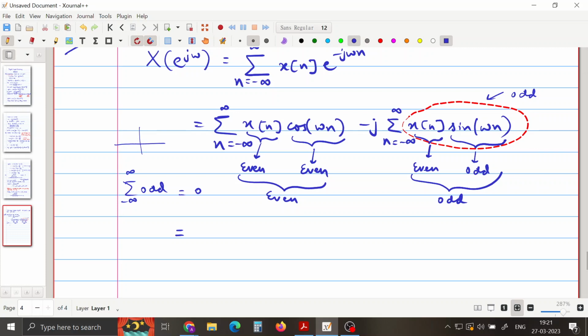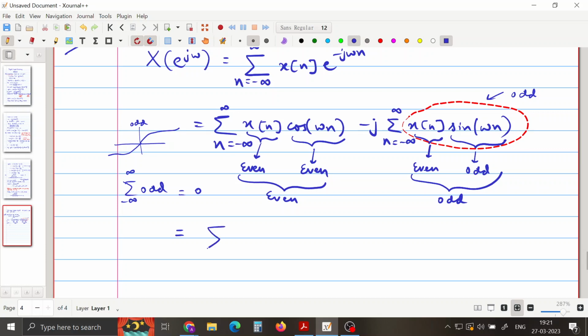If on the positive side it is of this form, on the negative side it will be exactly equal and opposite, so it will cancel out. So that's why this second term, being summed over minus infinity to infinity, will vanish.